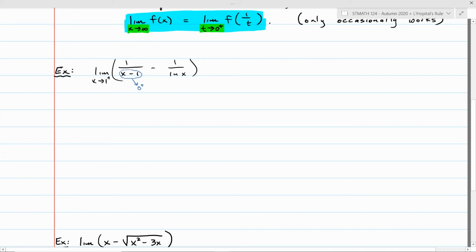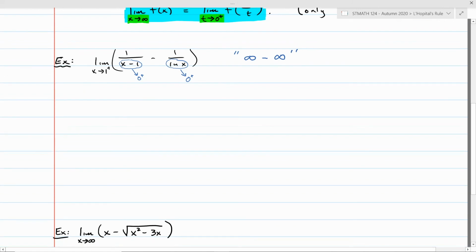So that's an infinity type, and then minus, and then that second fraction, as x approaches 1, natural log of 1 heads to 0. Natural log of 1 is 0, but if you approach 1 from the right, then it goes to 0 from the right. So again, you're getting minus, and then 1 over something that's getting close to 0 but positive. So that's minus positive infinity. So this is an infinity minus infinity type. You always want to check what type you're dealing with at the beginning before you start blindly doing L'Hopital's rule or whatever.